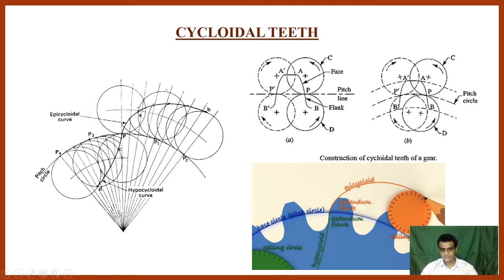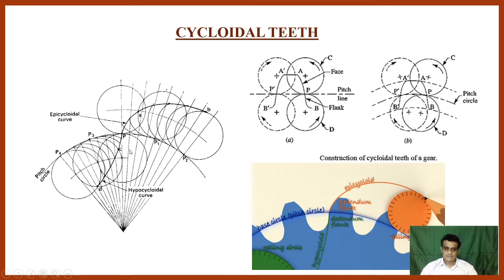We rotate this circle above the pitch circle, which traces one curve. This contact point, when I allow it to rotate, moves to the next position and subsequently traces one curve. This is called the epicycloidal curve.